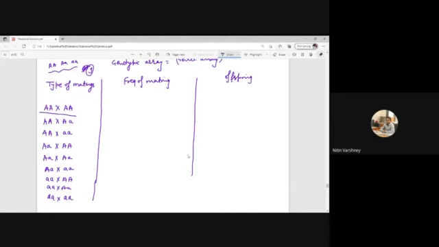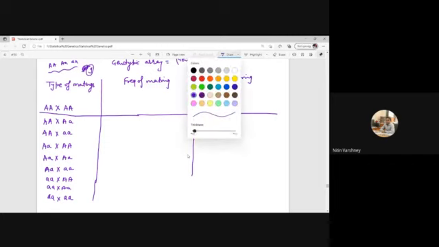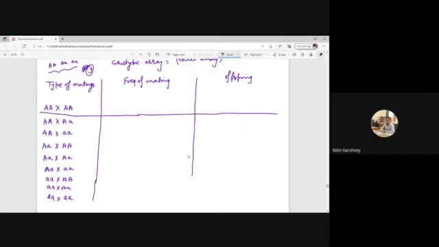Now we will see their frequencies. We will see now gene frequency. So we know that D is equal to P square, H is equal to 2PQ, and R is equal to Q square.